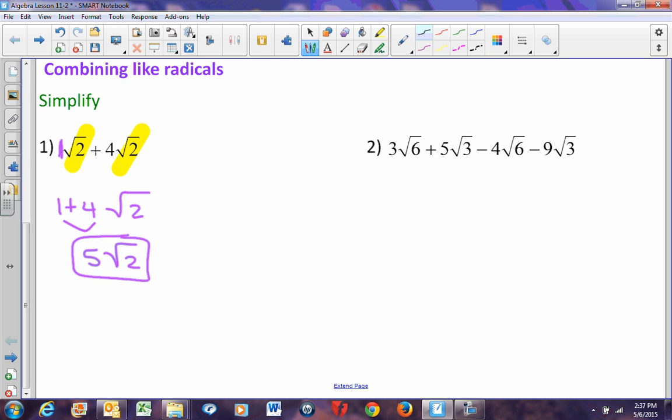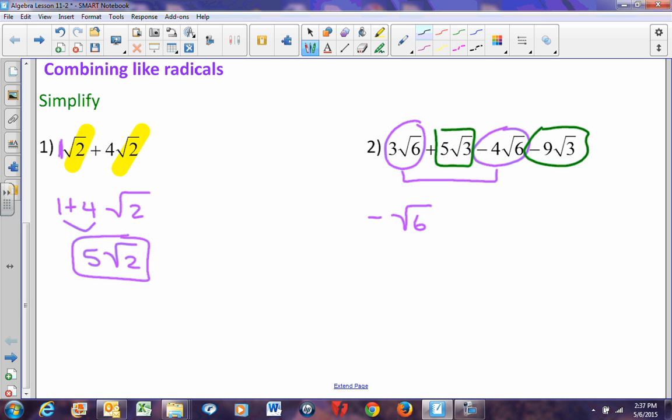If you don't have all like terms, you need to simplify with those that do have like terms. For example, 3 square roots of 6 and negative 4 square roots of 6 is one set of like terms, and 5 square roots of 3 and negative 9 square roots of 3 is a second set of like terms. So 3 square roots of 6 minus 4 square roots of 6 becomes negative square root of 6, or negative 1 square root of 6.